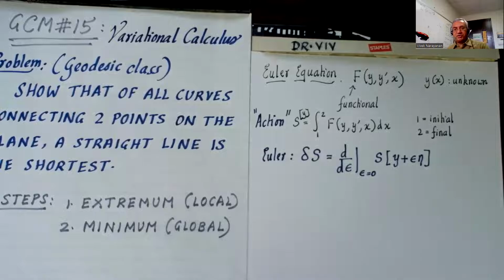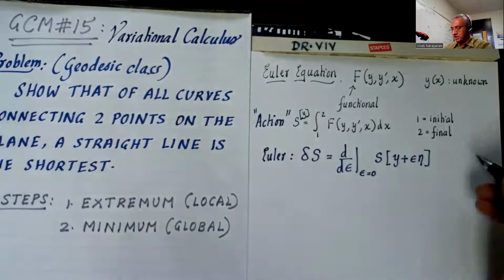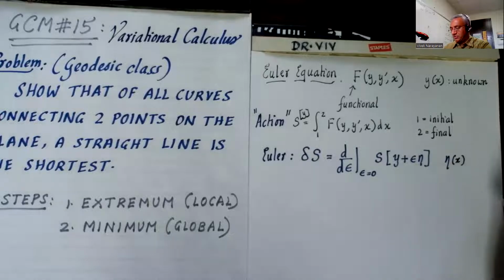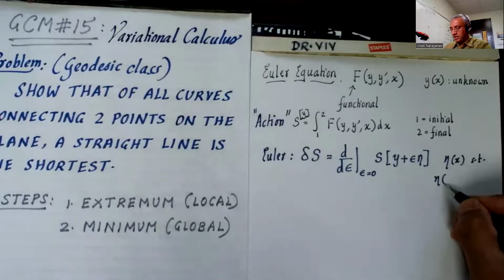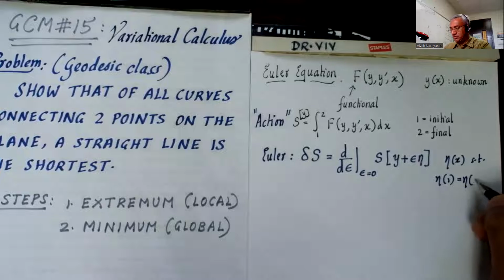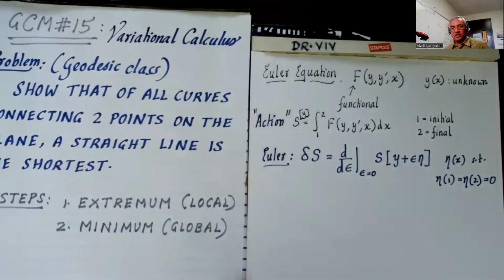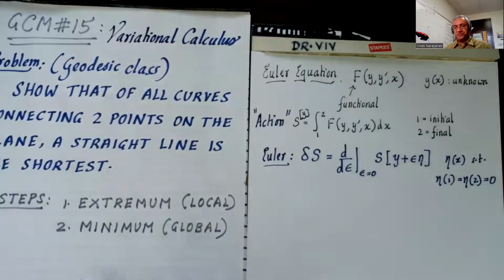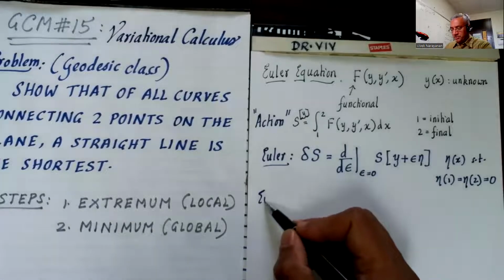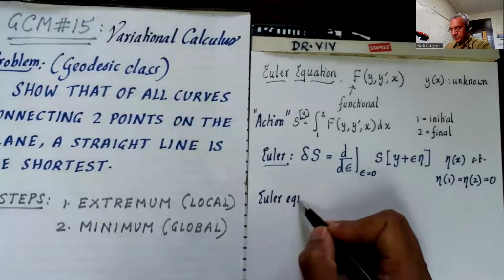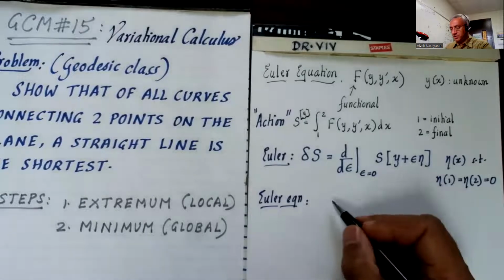What we're doing is we're perturbing the y a little bit by this new function eta of x, such that eta of 1 is equal to eta of 2 equal to 0. So that is our idea. If you perturb this, then you get what's known as the first variation formula of Euler. We derived this last time, so I won't go through the derivation. The Euler equation, which is the solution to the above problem, is the following.